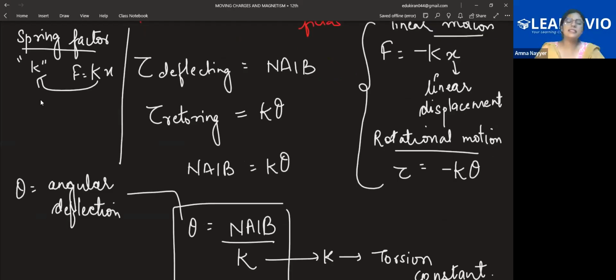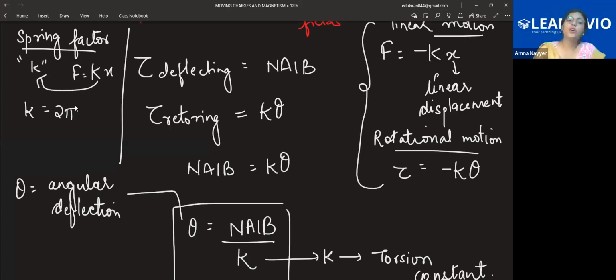This is not very specific. For every material, for every device, it keeps on changing. Like for a simple pendulum, we use the equation T is equal to 2 pi under root L by g.